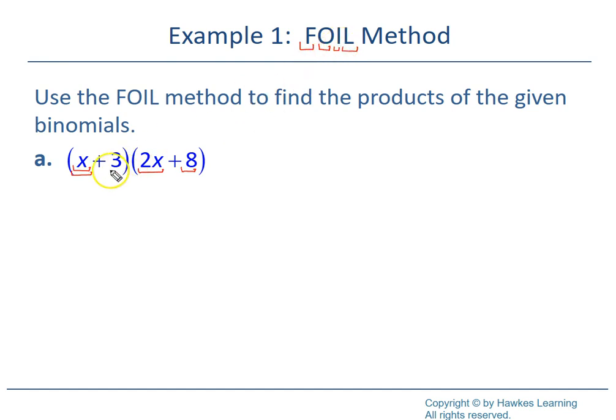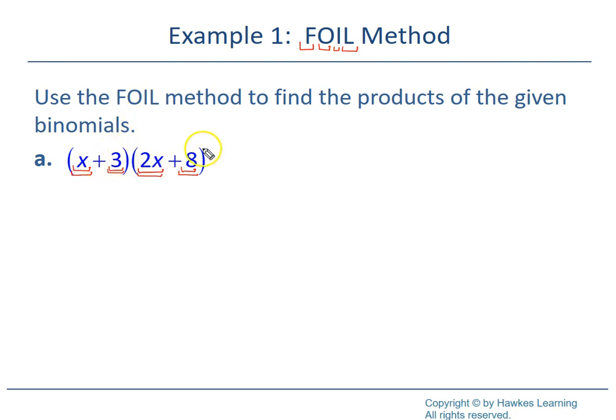The inners would be the 3 and the 2x. And the L is the last, and it would be the 3 and the 8. So what you're doing is making all the possible combinations that you can get.